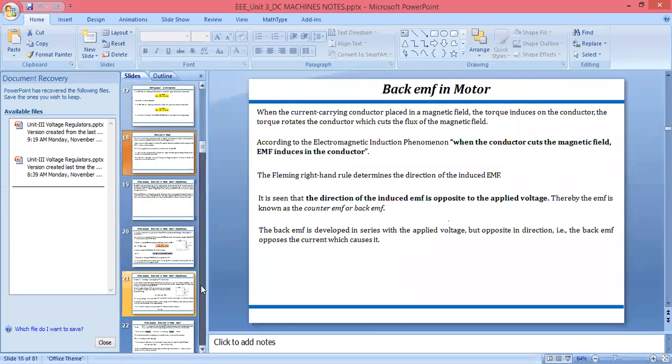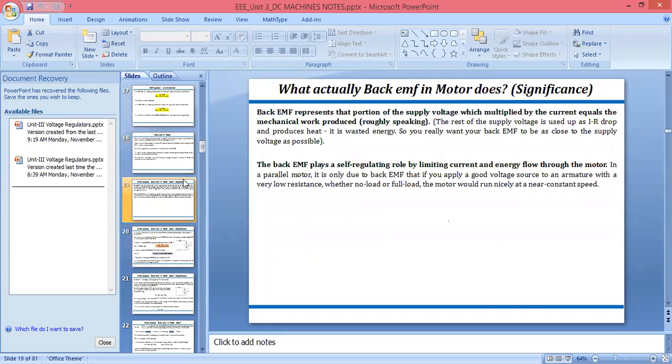So why is back EMF actually needed in the DC motor? Because back EMF represents the portion of supply voltage which, multiplied by the current, equals the mechanical work produced. The back EMF plays a self-regulating role by limiting the current and the energy flow through the circuit.